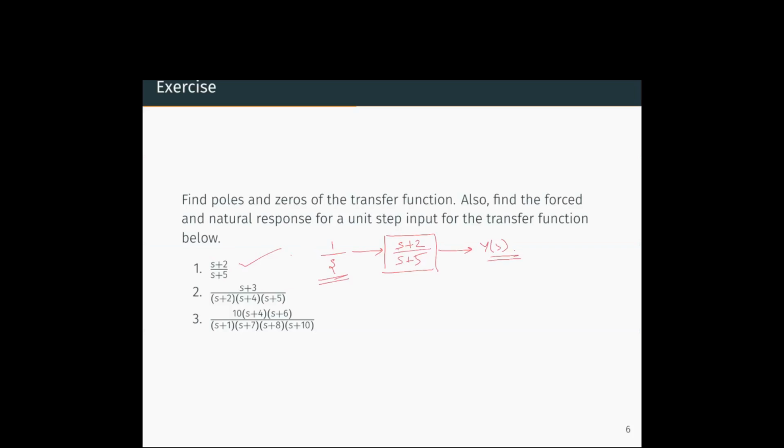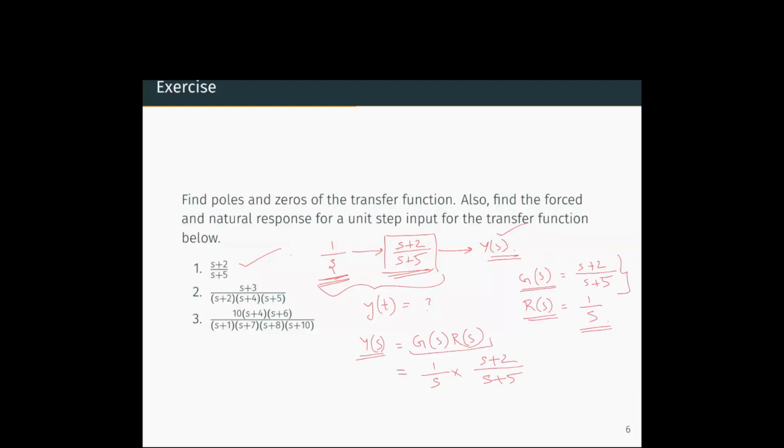To calculate y of s, we will multiply 1 by s and s plus 2 by s plus 5, take the partial fraction expansion, and identify y of t by taking the inverse Laplace transform. Our system transfer function is s plus 2 by s plus 5 and we are getting a unit step input 1 by s. To get the output, we will multiply G of s and R of s, so 1 by s into s plus 2 by s plus 5.